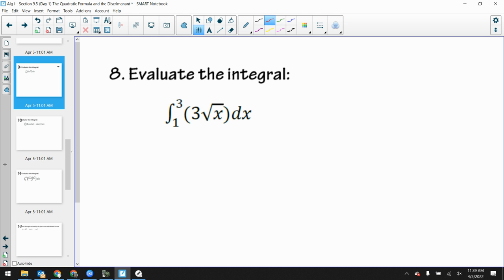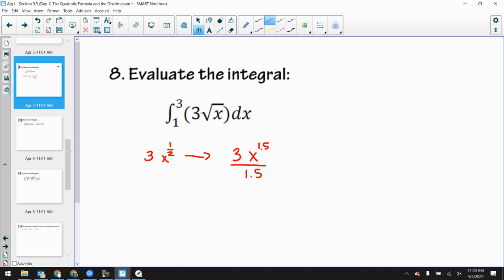Okay, so we've got 3. I'm going to change the way it looks. I'm going to say 3x to the 1/2 because that's the square root of x. So when I take the antiderivative, that's going to be 3x to the, okay, sometimes I just like to use decimals a little bit better. So if that's 0.5, this is 1.5 divided by 1.5. Because in the end, am I assessing you on whether you know how to find an antiderivative?